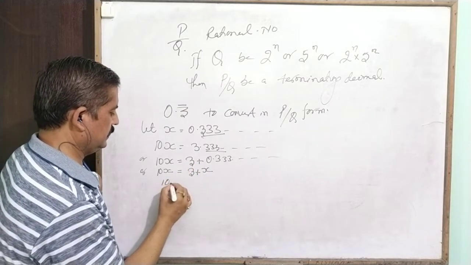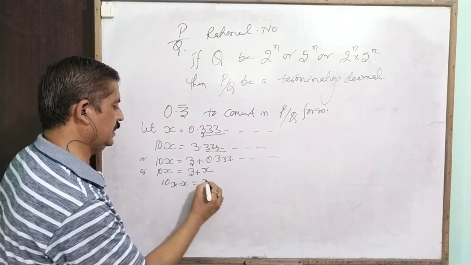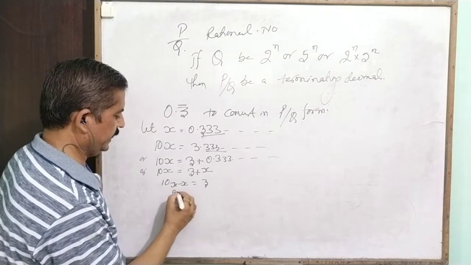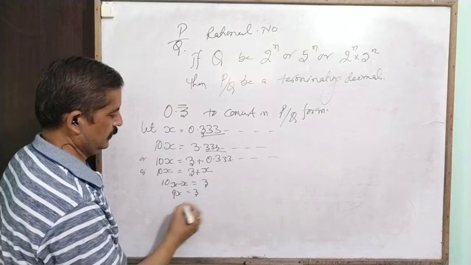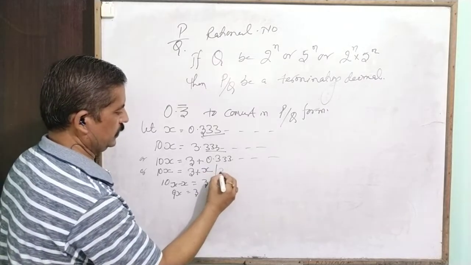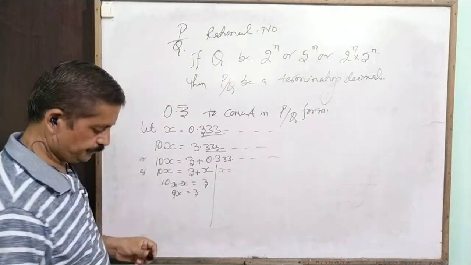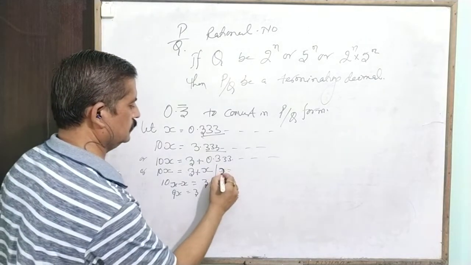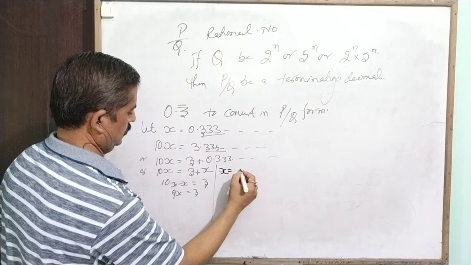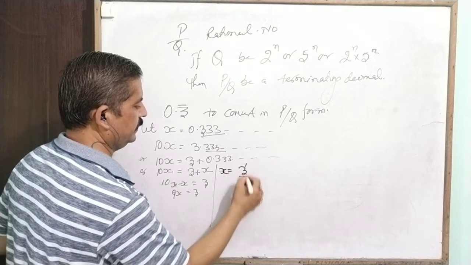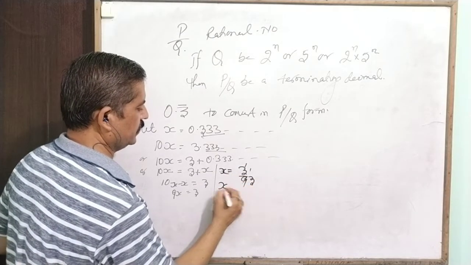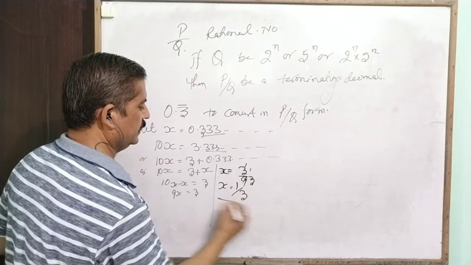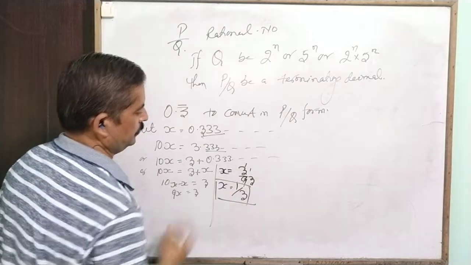Then 10x minus x is equal to 3, so 9x is equal to 3. So x is equal to 3 by 9, which means 1 by 3. So x equal to 1 by 3 is the p by q form.